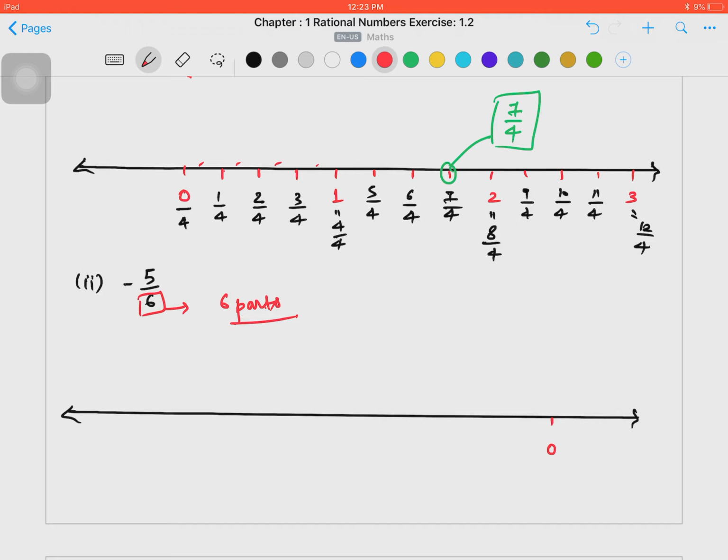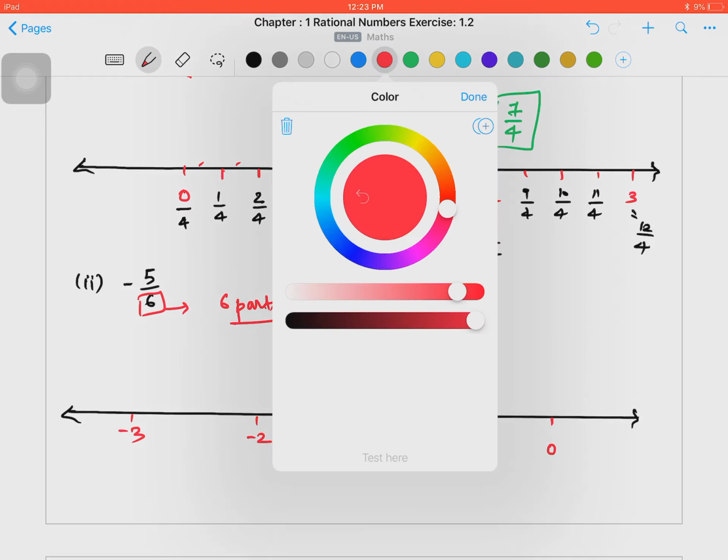So let's write first. We have 0, then write minus 1, minus 2, minus 3. And then between each number we'll divide the region into 6 parts.